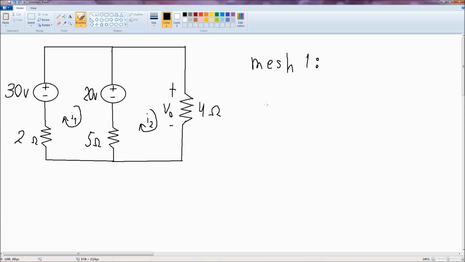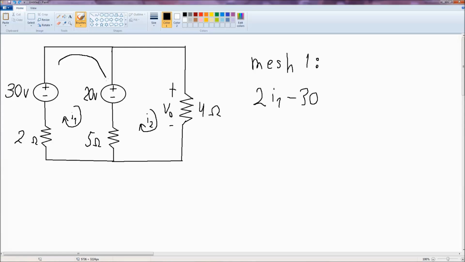So let's do that. We start with this resistor, so we have 2I1 minus 30, because the current came here, and since we are entering the voltage source with the minus and leaving from plus, in the equation we put minus 30.